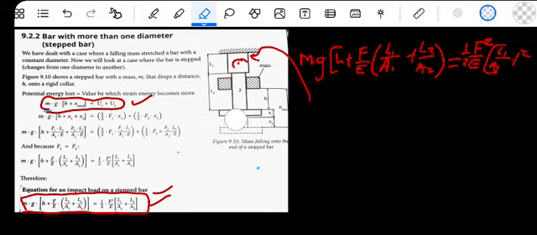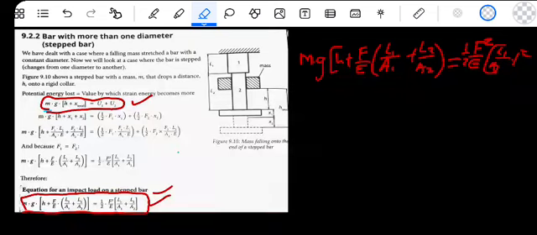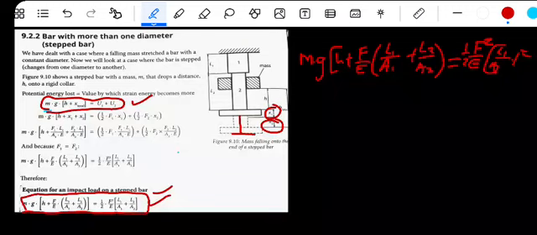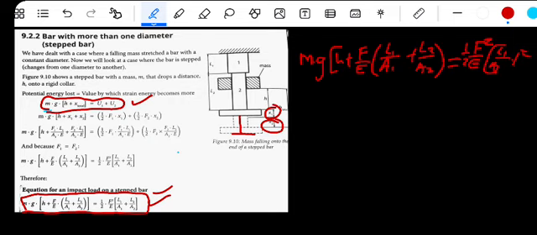You can say X1 or X2, it is up to you. Either way, this is what you're supposed to know.